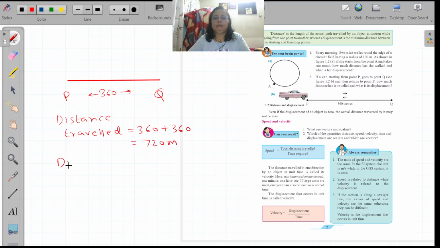But what is the displacement? Displacement is the shortest distance between the starting and finishing point. It started from P and came back to P. So displacement is 0.